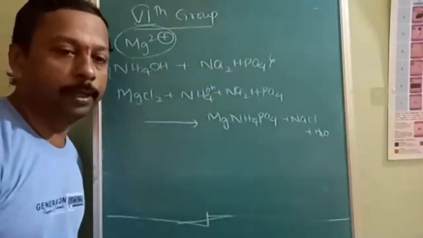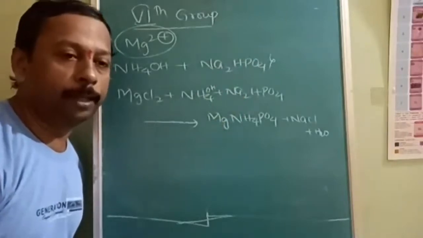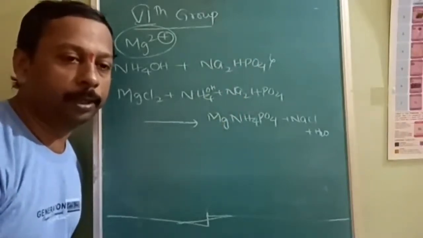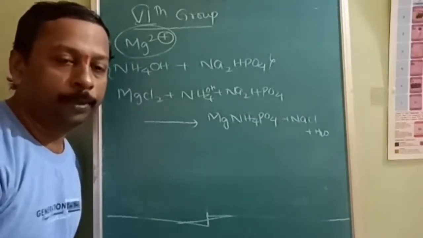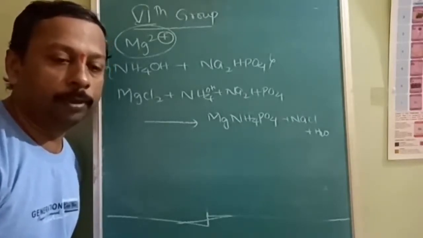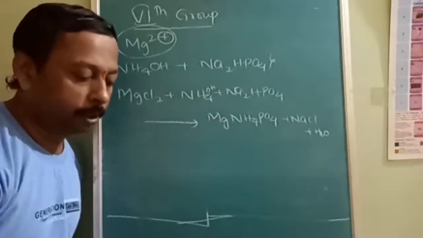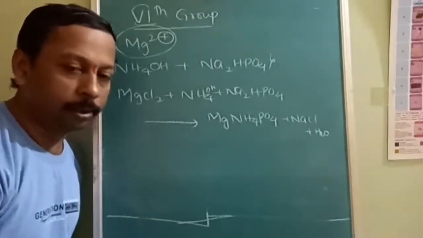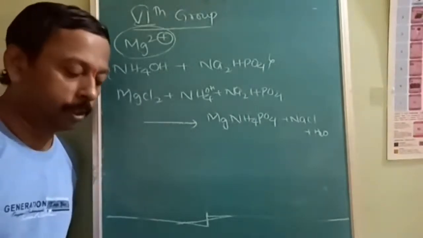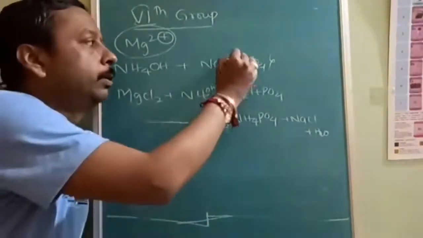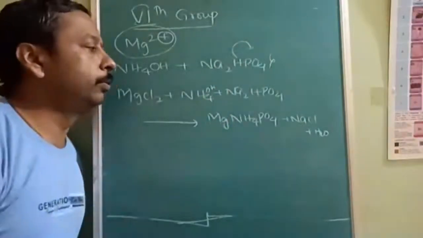Sodium biphosphate is which salt: acidic, basic, or neutral? Na2HPO4 is an acidic salt because of the presence of hydrogen.